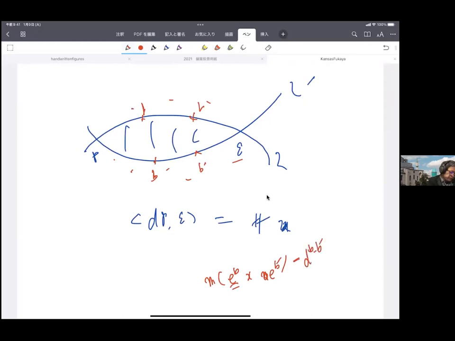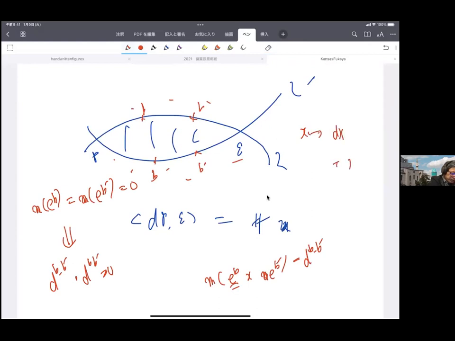And the condition that this squares to 0 somehow follows from the Maurer-Cartan equation. In a simple case, this is something like x goes to dx plus x wedge b plus b prime wedge x. So this is something like a flat connection.